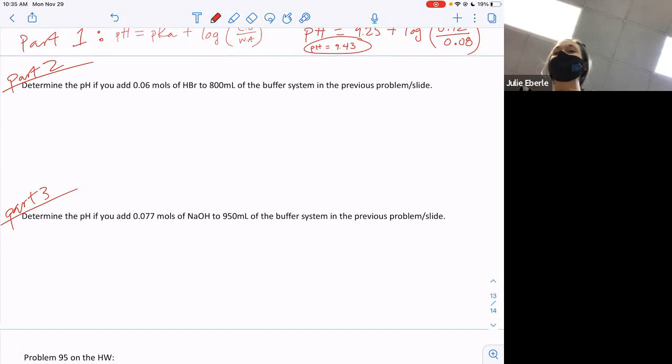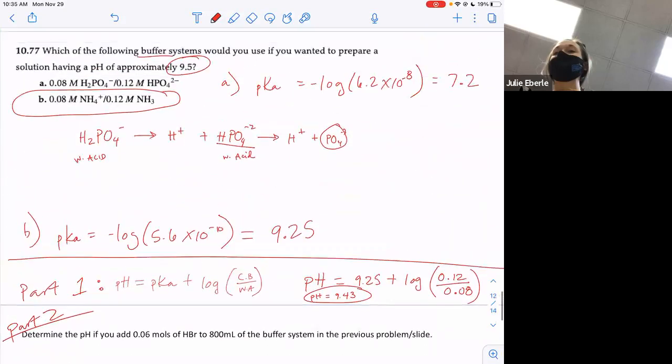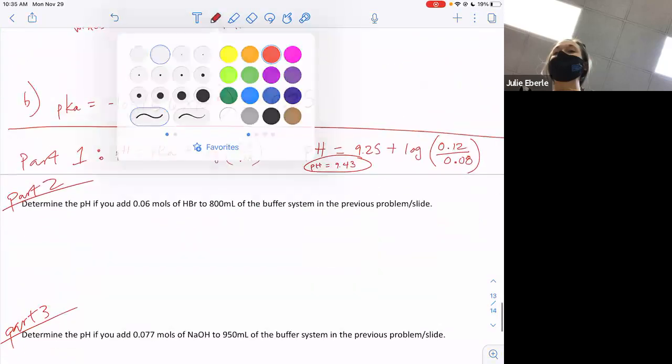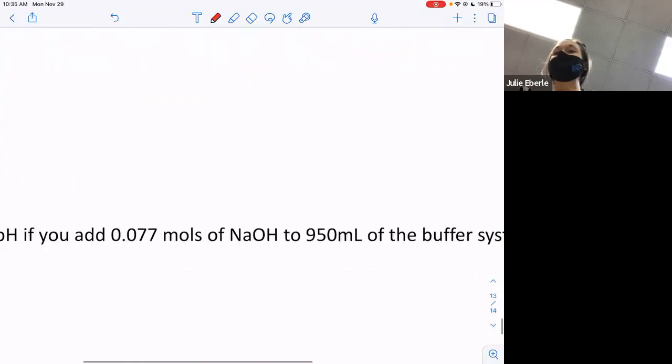So in part 2, it says, what if I add, I probably need to shrink that down a bit because that's almost everything. We're gonna add 0.03 moles. I don't wanna wreck my buffer. Say we'll do 0.045 moles here.